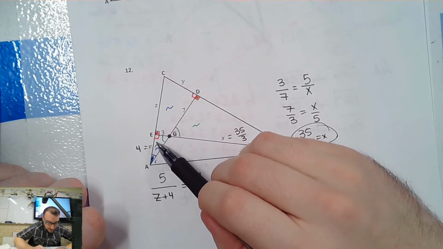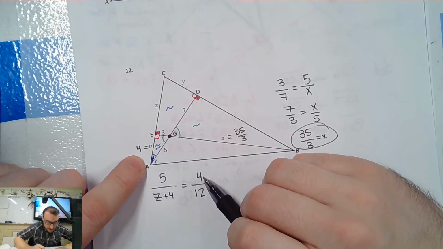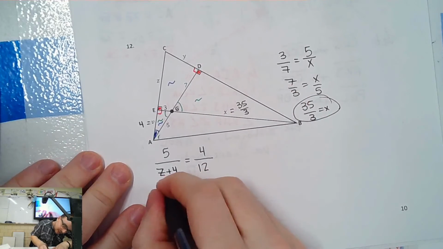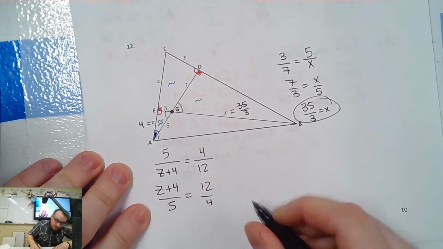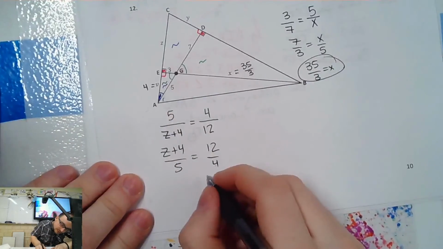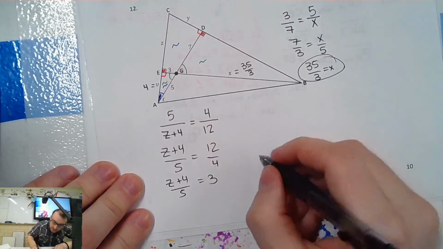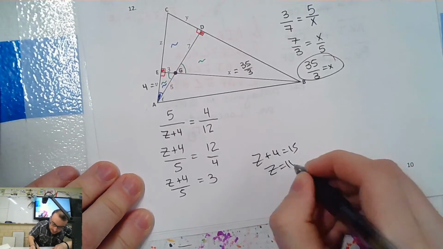And little guy's red and blue, 4, goes with big guy's red and blue, 12. I would flip both to figure this out. If you want, you can reduce that and just call it 3, right? And we've got z plus 4 equals 15, which means z equals 11.